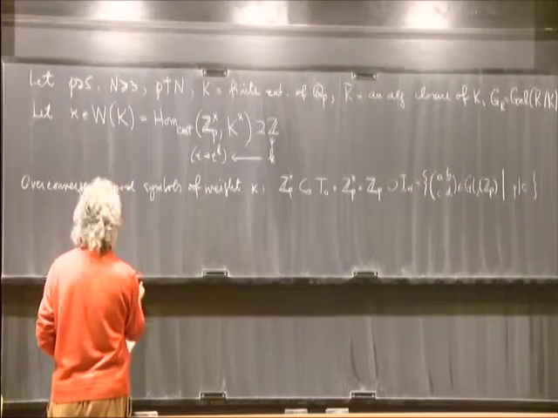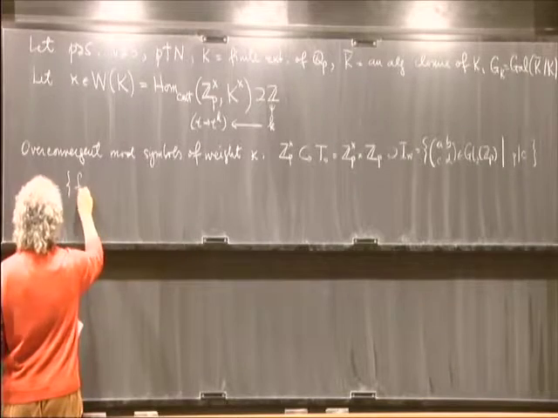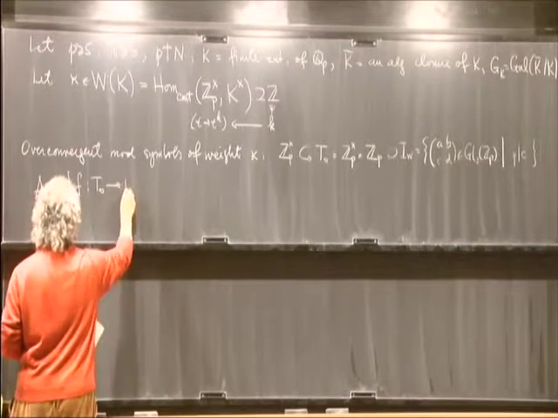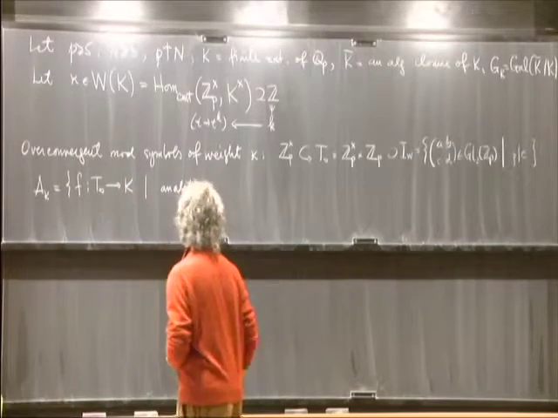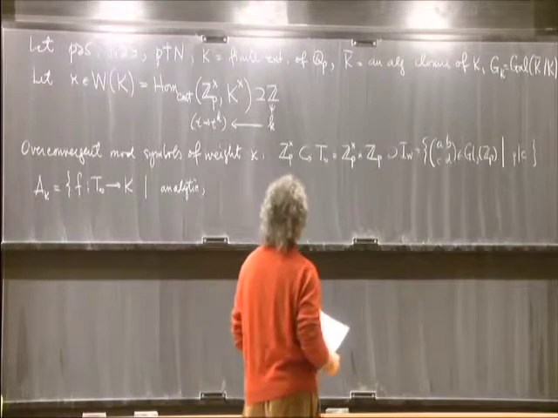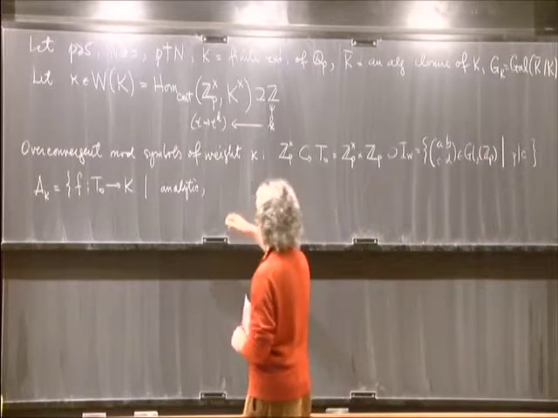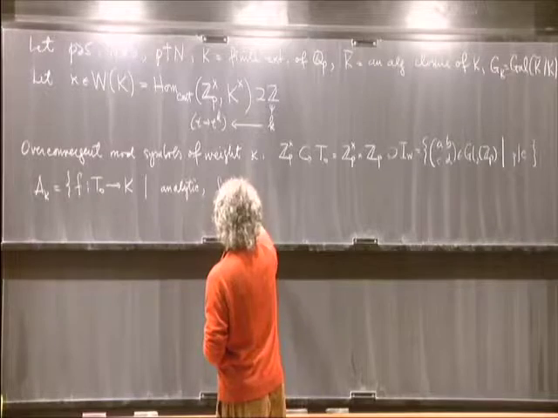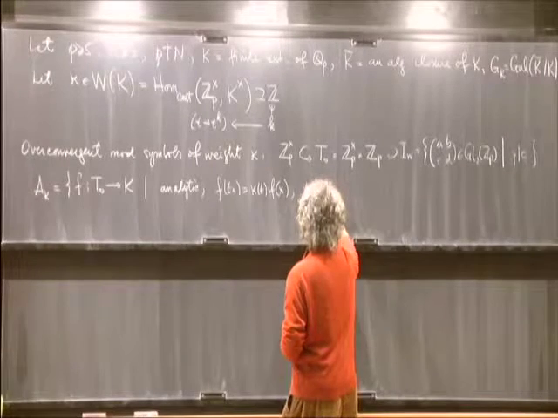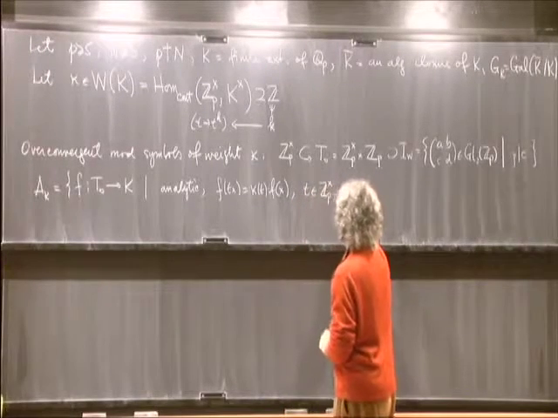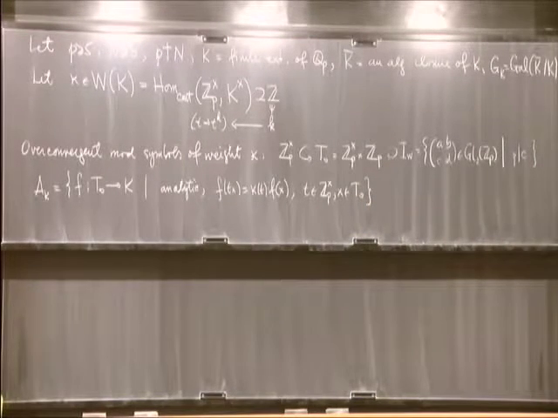And let me denote by A_kappa the set of functions from T_0 to K which are analytic. So they are globally analytic, and they are homogeneous of weight kappa for the action of Z_p star. In other words, f of tx is kappa of t times f of x for t in Z_p star and x in T_0.